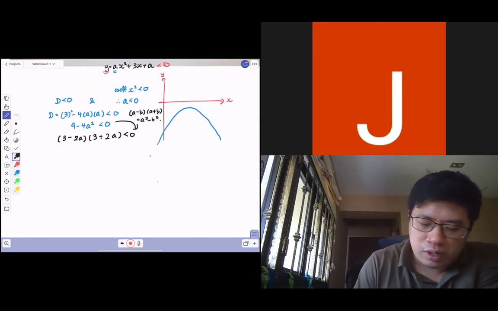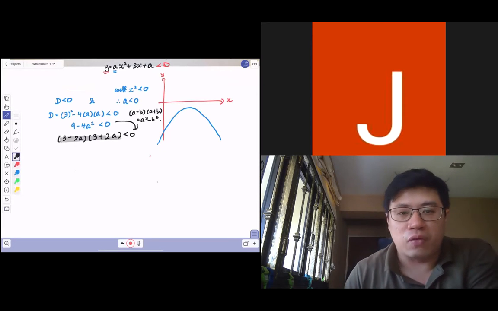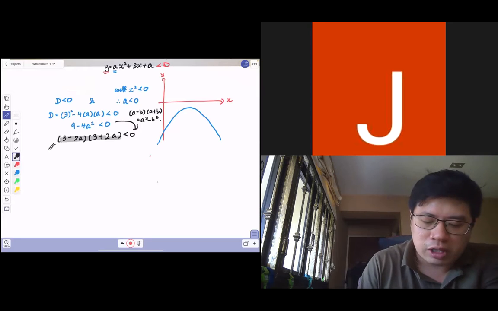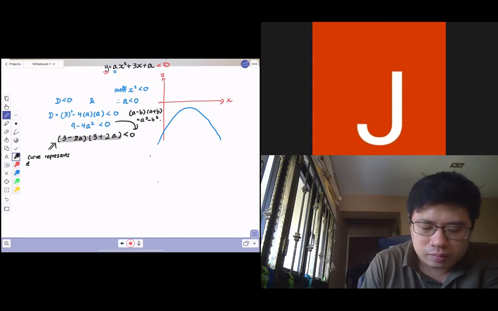Over here, now, I'm drawing another curve. It's not for the function, it's for this particular discriminant. So I'm going to draw the curve that represents this discriminant here, and the discriminant expression is 3 minus 2a, 3 plus 2a. I'm going to sketch this out.